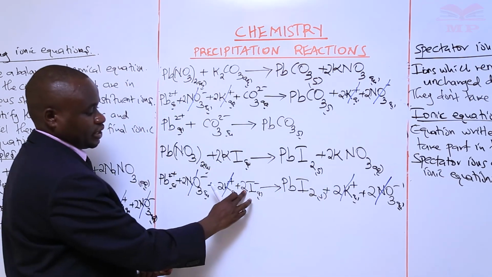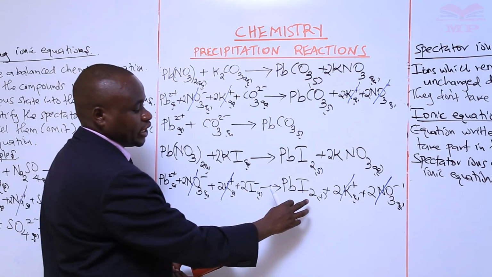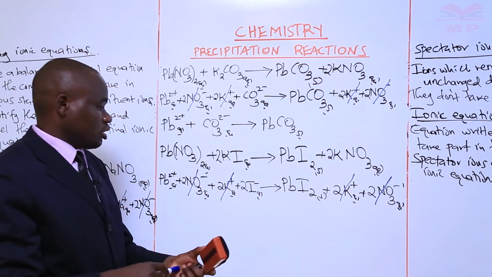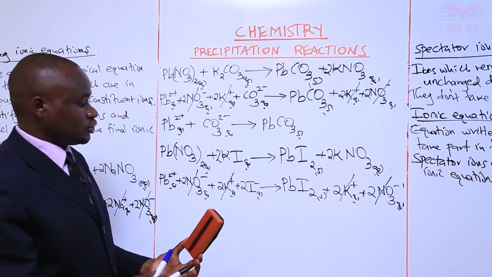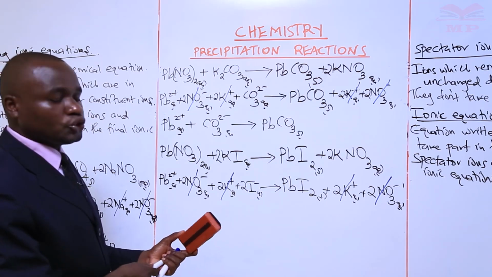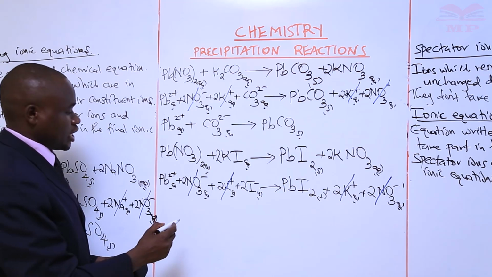Lastly, iodide ions at the start aqueous, at the end solid. So iodide ions have undergone a change. Therefore, they will not be cancelled. So after that, you now write the overall equation, omitting the ions that you have cancelled.